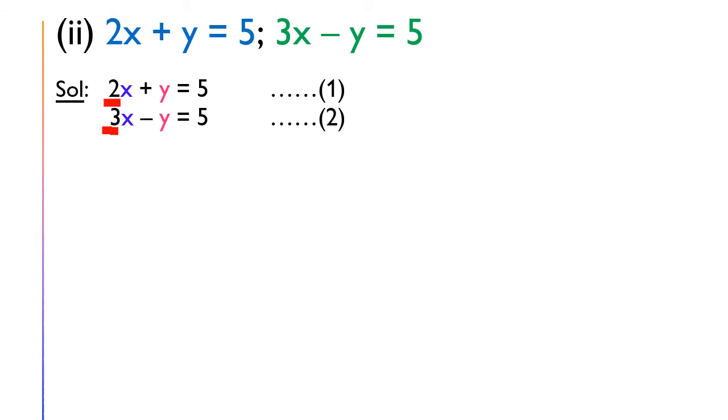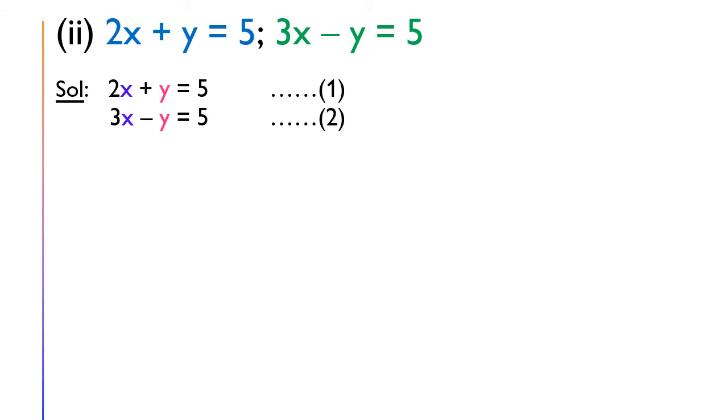So we'll have to change this, or else look here, the coefficient here is 1, here also it is 1. So instead of multiplying for x, we already have y with the same coefficients, right? So the first step is clear, we don't have to change it. Secondly, the signs are also opposite, plus y minus y, so they will automatically get cancelled when we add them.